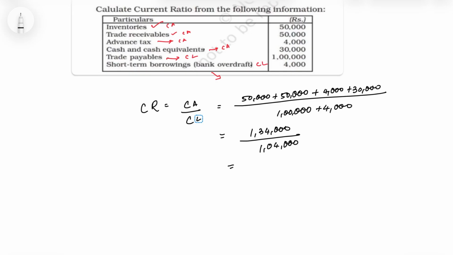So 1.29. Therefore 1.29 is to 1. Simple. The current ratio is equal to 1.29 is to 1.